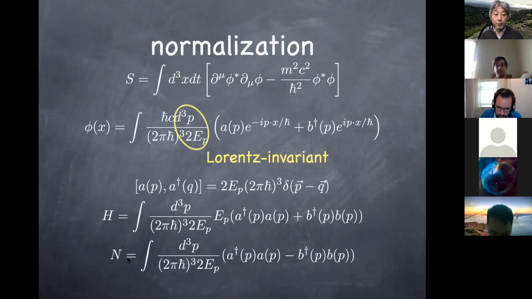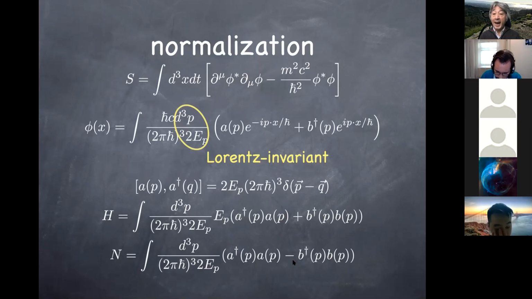On the other hand, if you look at the conserved quantity, the number operator, the A and B operators come with opposite signs. This allowed us to interpret the A creation operator as creating a matter particle, while the B creation operator creates the antimatter particle, so that they can have opposite charges. That's another thing we discussed on Wednesday.